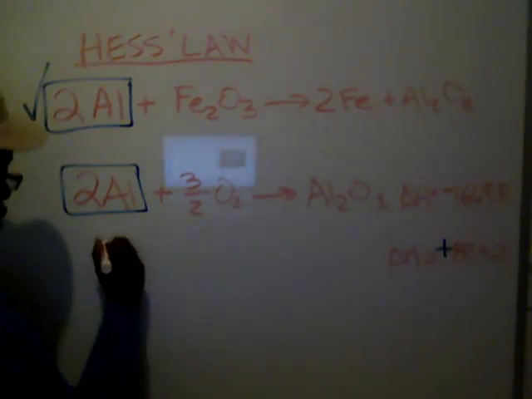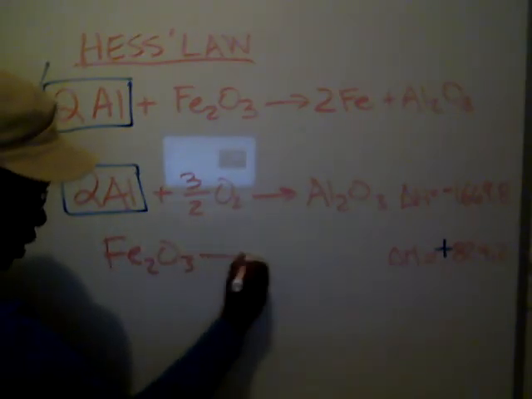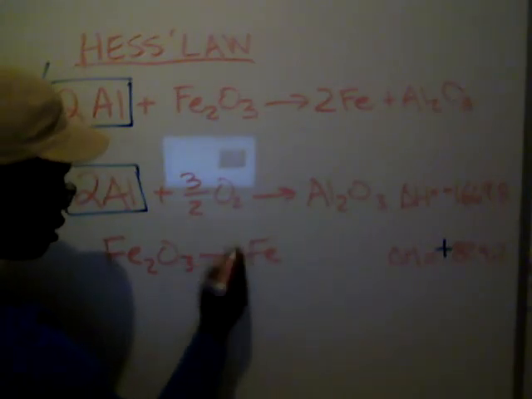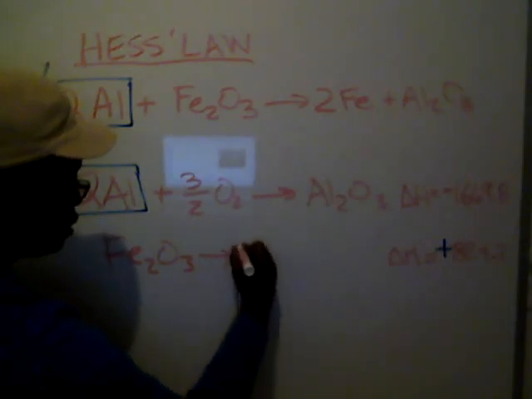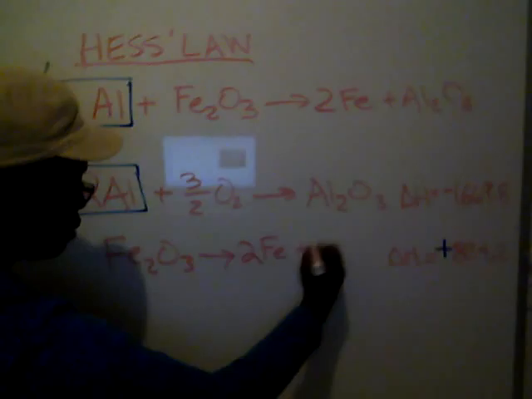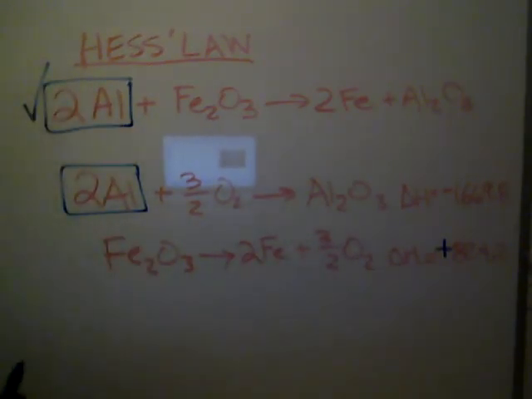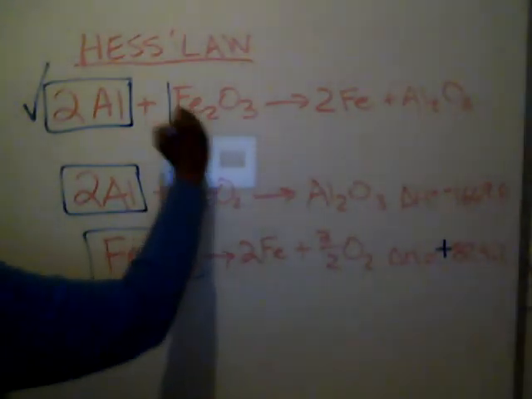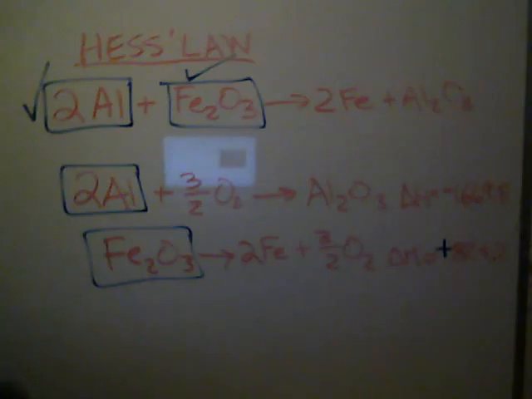So the iron oxide is now going to be on this side, and then the iron would be here, to Fe plus 3/2 oxygen. Okay, so we flipped it and then we changed the heat with it. So now the heat's positive. Now this guy and this guy, they're on the left side, which is exactly what we want. So those are fine.